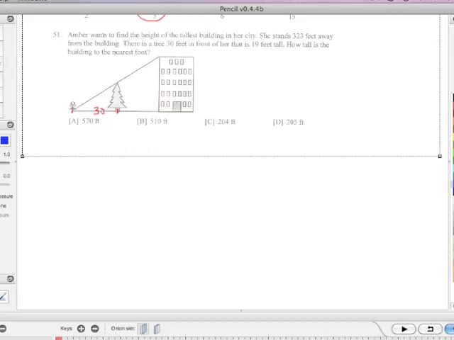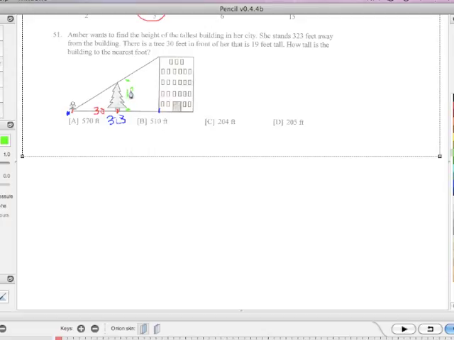So from her feet to the building is 323 feet, and the height of this tree is 19.